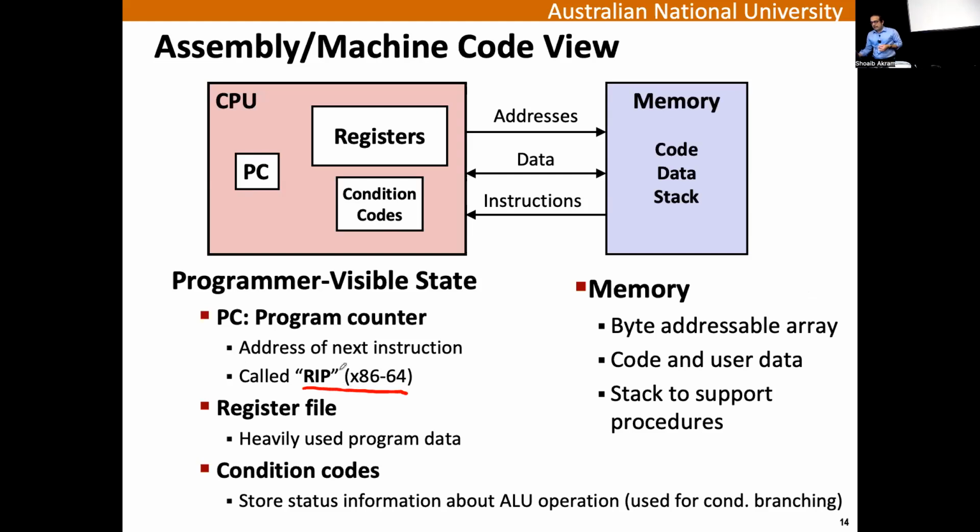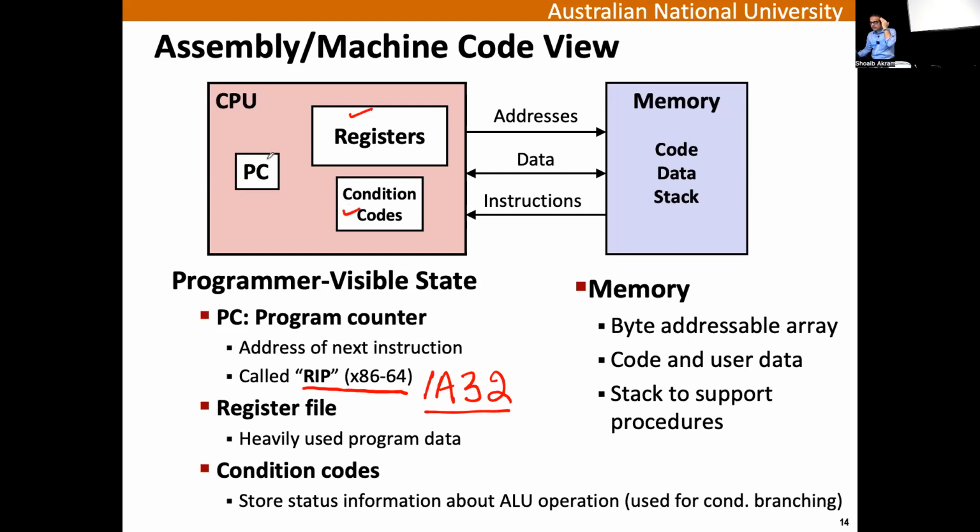So the 32-bit version of x86 ISA is called IA32, and the 64-bit version that we will study here is called x86-64. Once you know x86-64, you can go and learn any other variant.